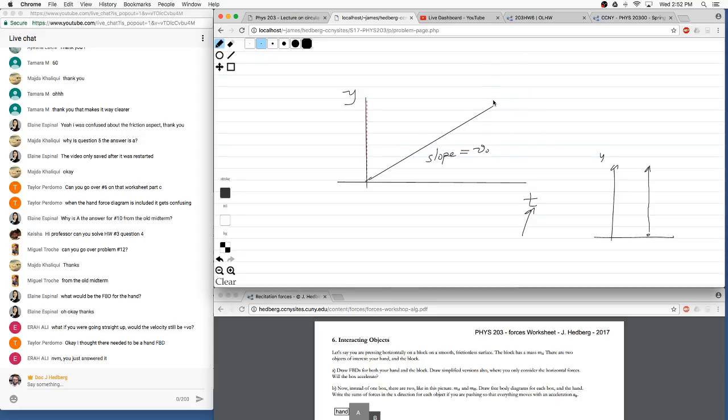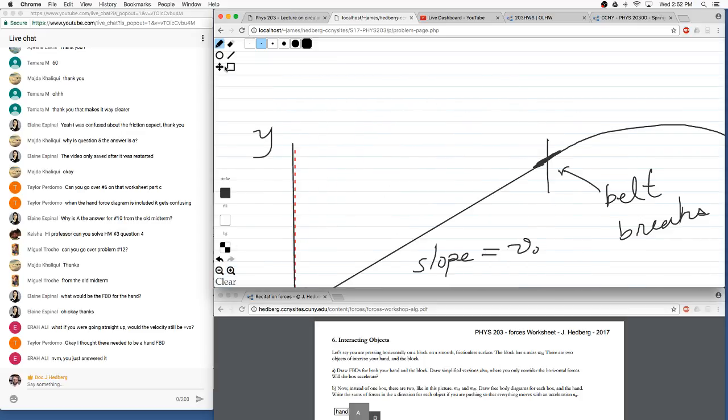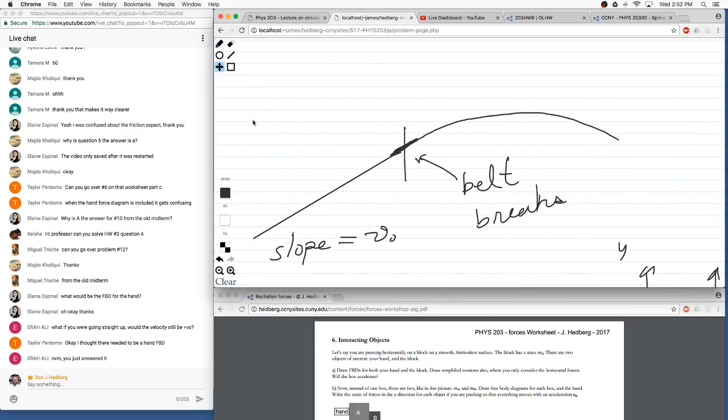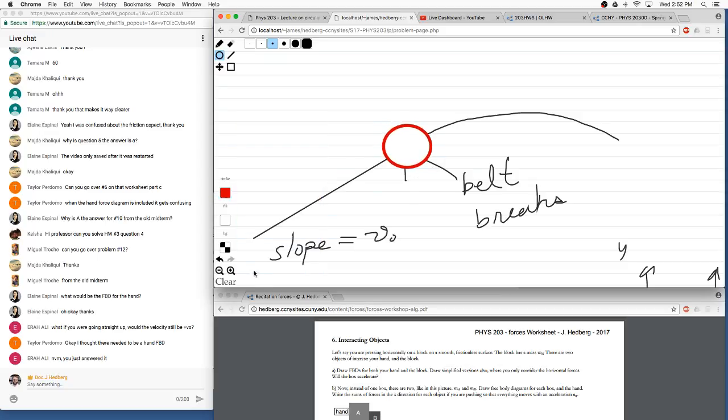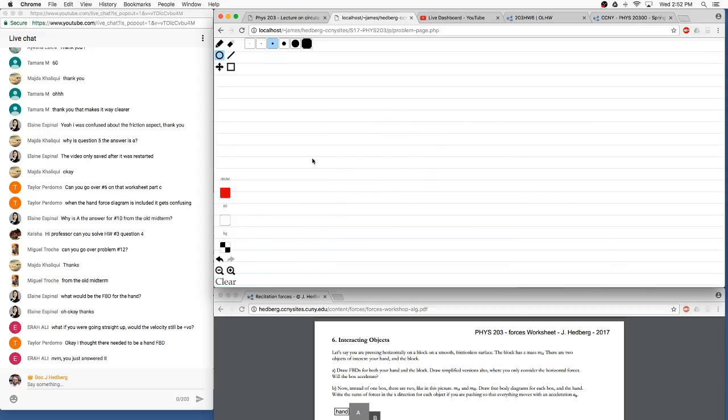And I guess I could say that also the moment after the belt breaks, right there, that's when the belt breaks. You can see the slope has to remain the same just for a little teeny moment.